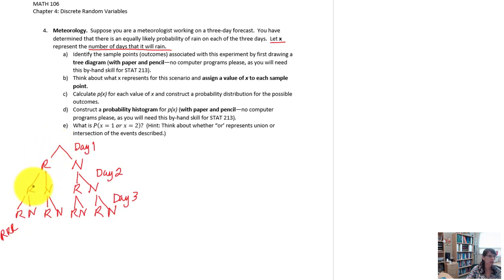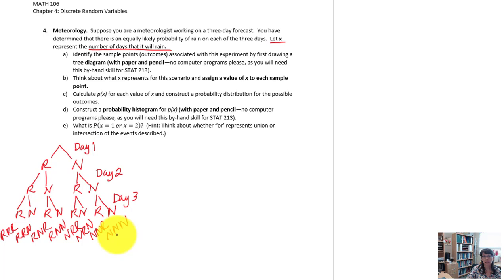So I could have RRN, then I could have RNR, then I could have RNN, then I could have NRR, NRN, NNR, and the last branch, no rain, no rain, no rain, that would be NNN.